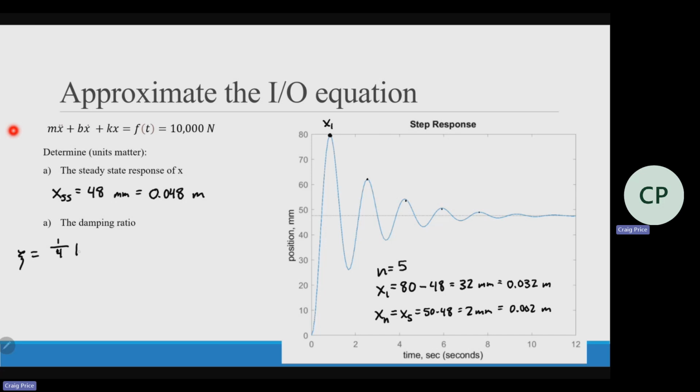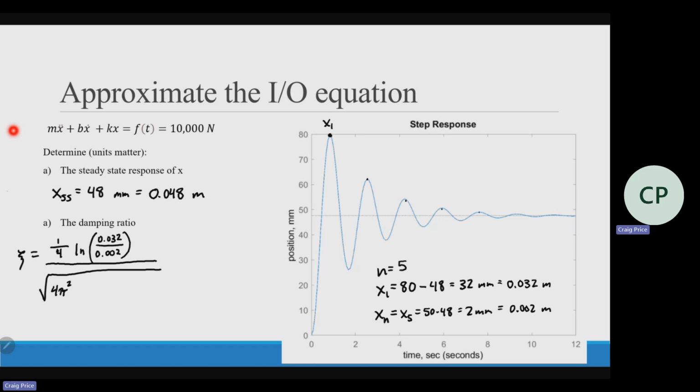Then I've got the natural log of x1 over x5, and then we've got the square root of 4 pi squared.